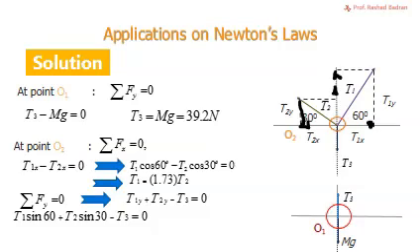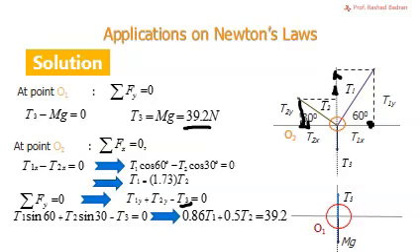By using the given angles in the equation, we get 0.86 T1 plus 0.5 T2 equal 39.2, where we substituted the value for T3.